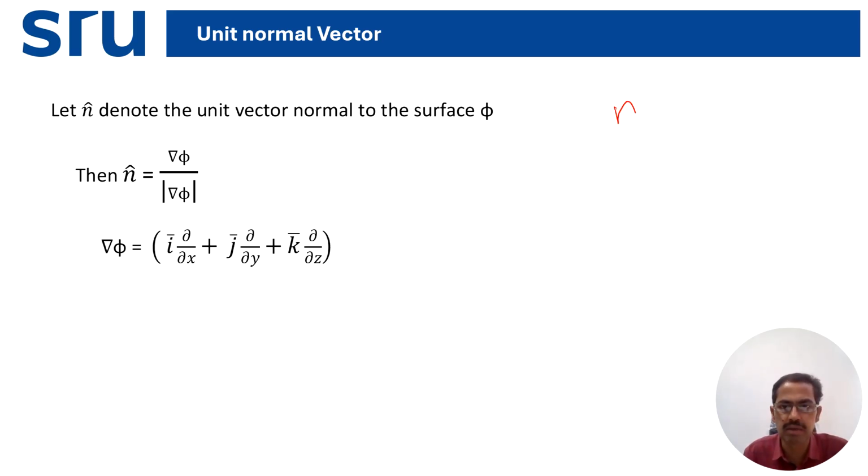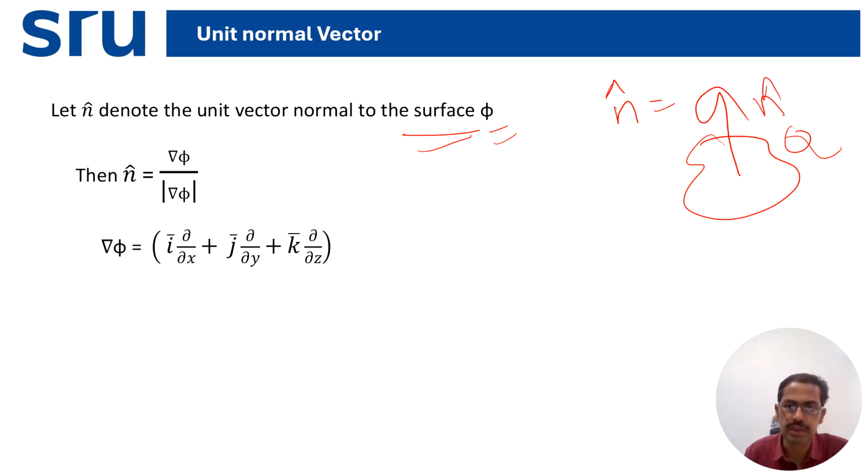The unit normal vector is denoted by n cap. Here phi is any scalar point function or surface. The unit normal vector normal to the surface phi is n cap, which is equal to del phi by the modulus of del phi, that is, del phi over its magnitude.